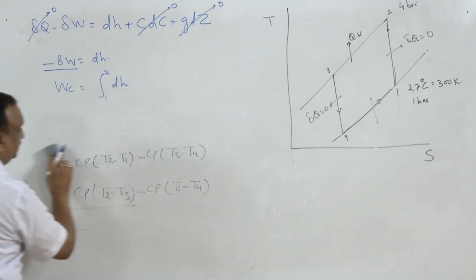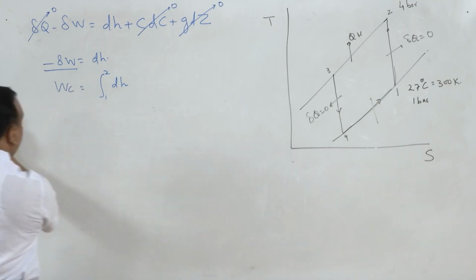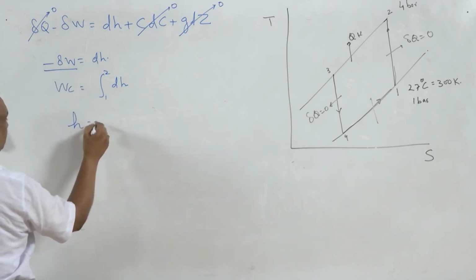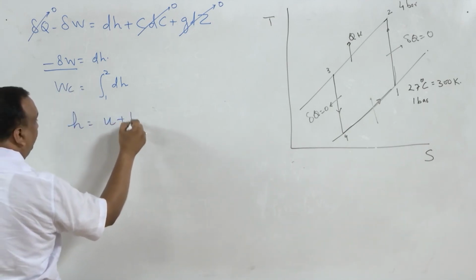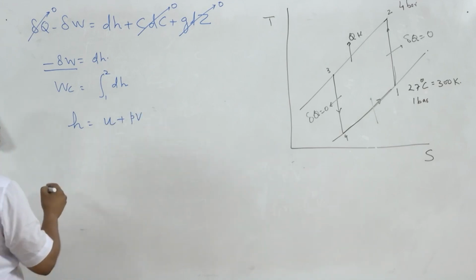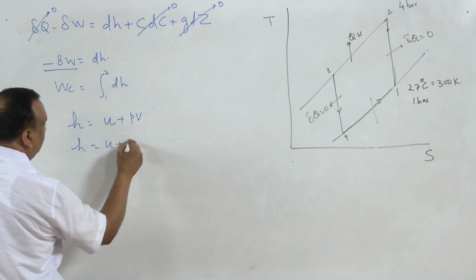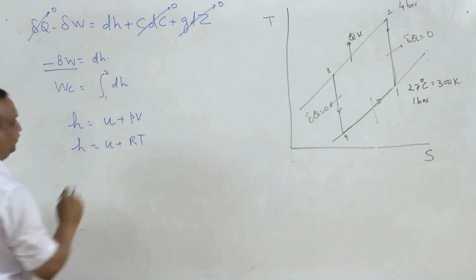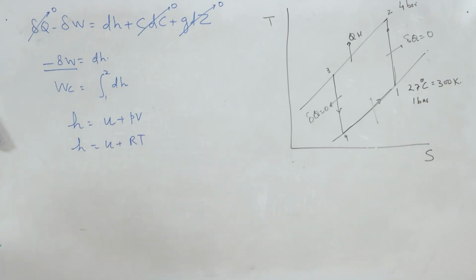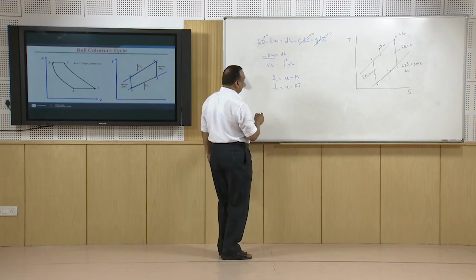As we know, H is equal to internal energy plus PV, or H is equal to U plus RT. We can always use the relation PV is equal to RT in the case of an ideal gas, and air is assumed to be an ideal gas.